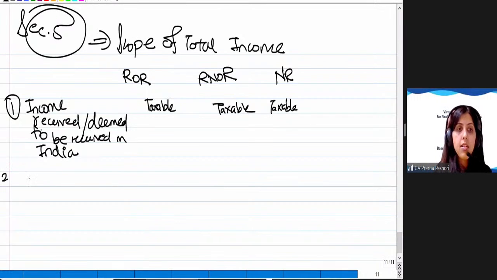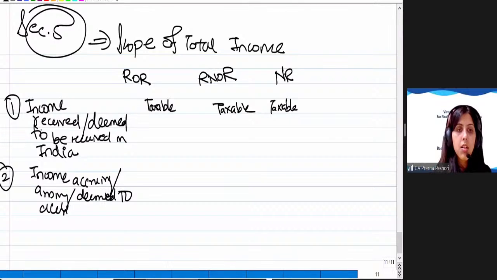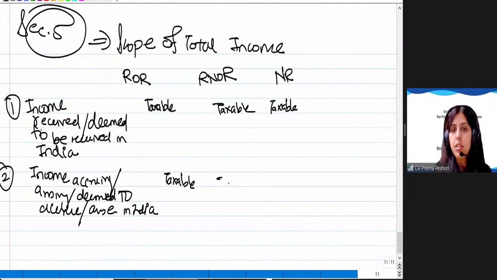Then second category, income accruing or arising or deemed to accrue or arise in India. Clear? This is taxable for all the three. So accruing as well as deemed to accrue will be taxable for all the three.